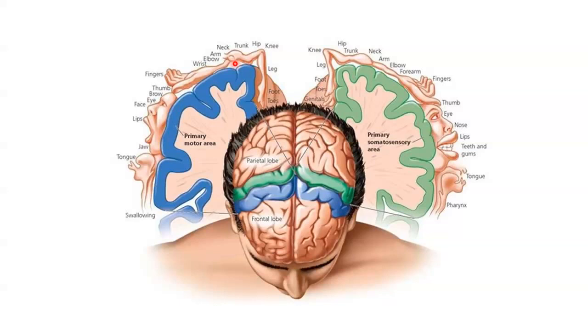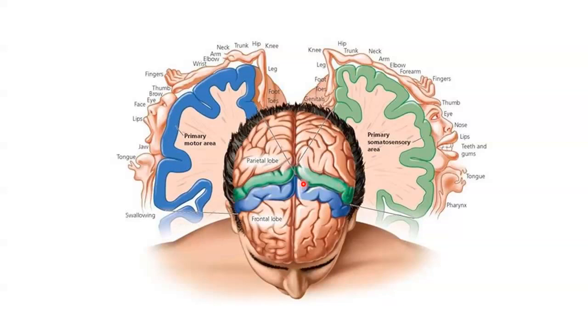So for example, we have a much larger cortical region devoted to muscles that move the fingers than the muscles that move the toes or the muscles that move the hip, even though the hip's a really big muscle region. Anything that requires really delicate precision, like writing your name, is going to have a lot of dedicated cortical space. This distorted map of an individual is what's called the motor homunculus. Homunculus means little man.